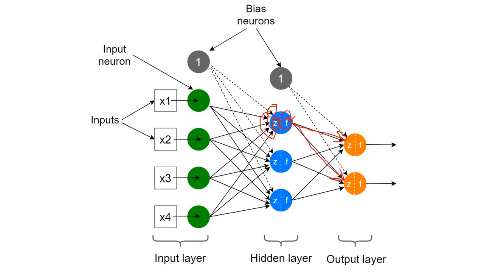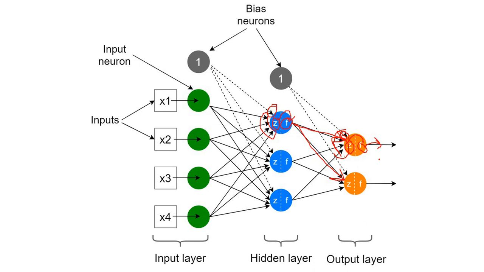Then in the next layer, we again get a weighted sum, add the bias, and calculate a value. That value is again sent to the activation function, and then we output the value. That's how we normally do it in a multi-layer perceptron network.